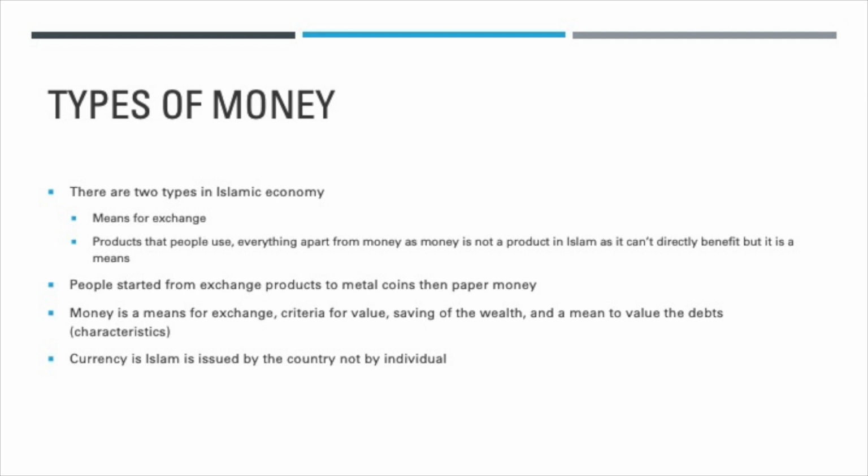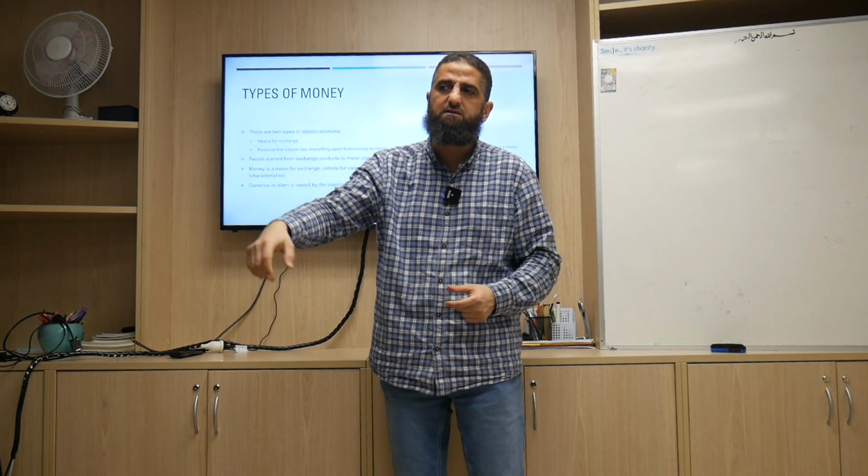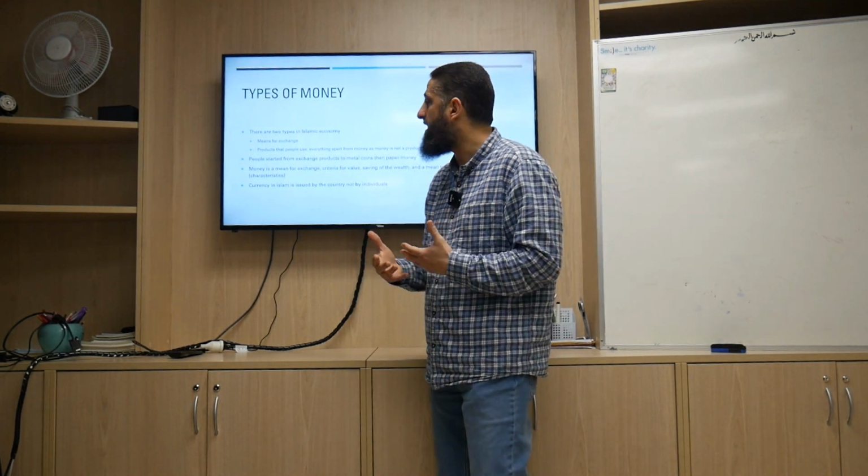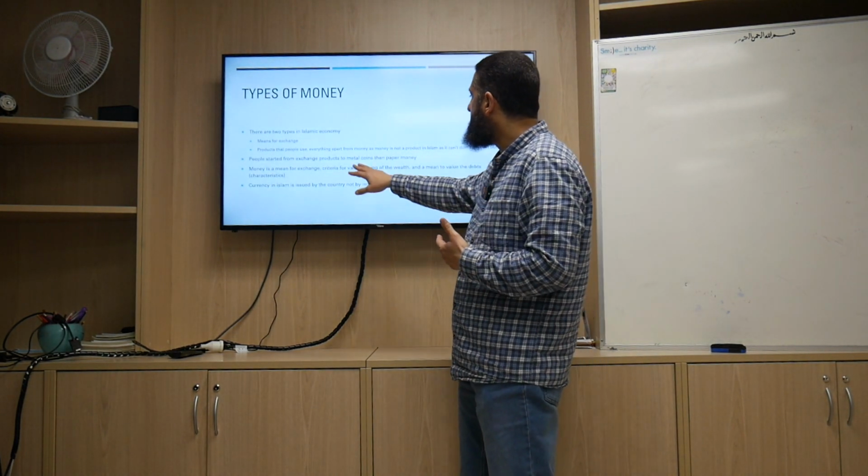People started in the early ages by exchanging products. So they will give wheat, they will take dates, and so on. They will give dates, they will take clothing, and so on. So that was the first type. Then they moved into metal coins.